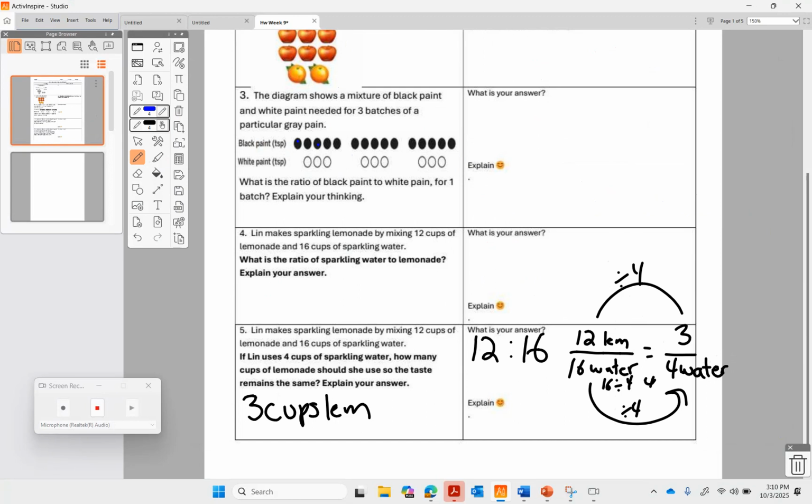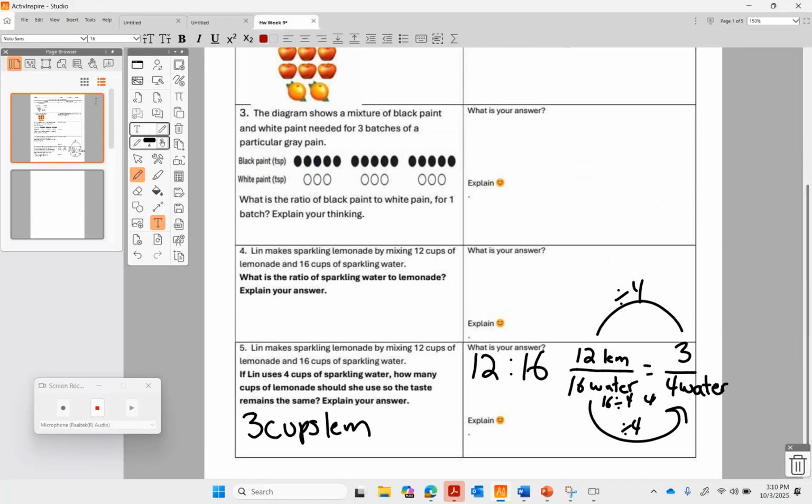I'm going to actually try and type it because I have really bad handwriting over here. So you would want to put it in the number 5 box, but I set up a ratio of 12 to 16, correct?